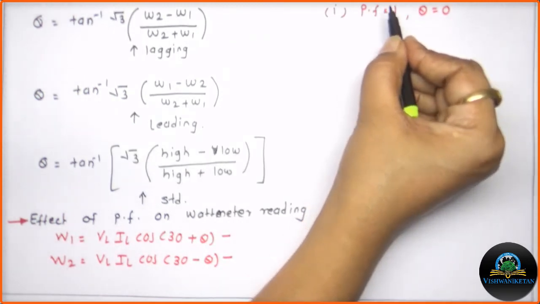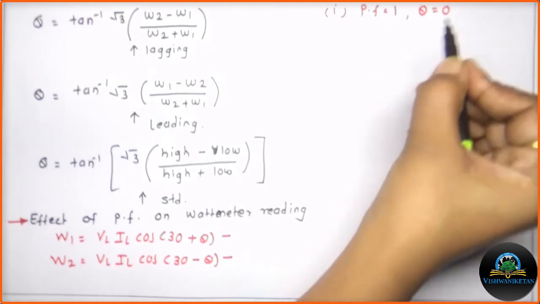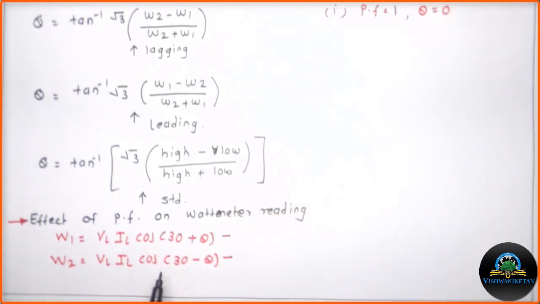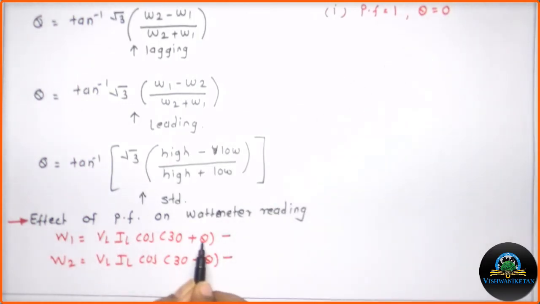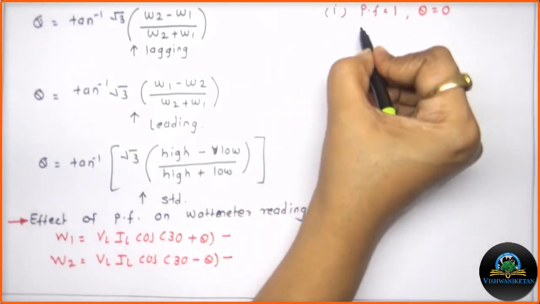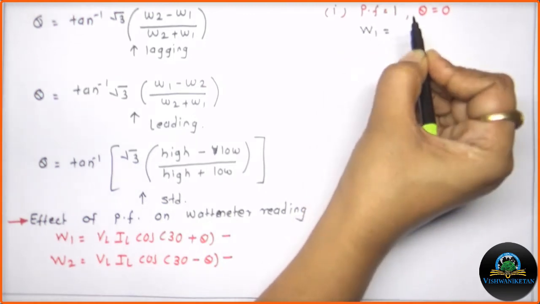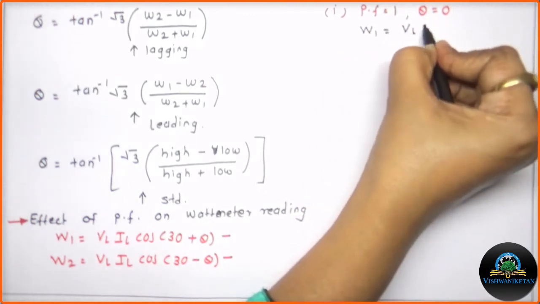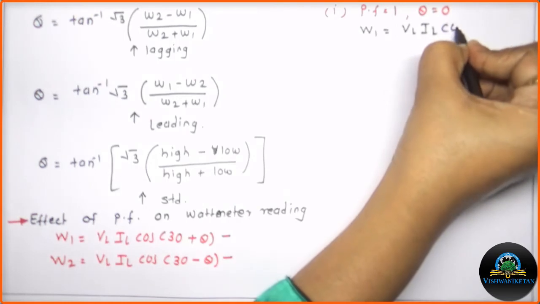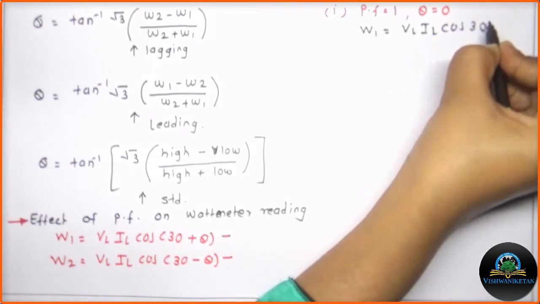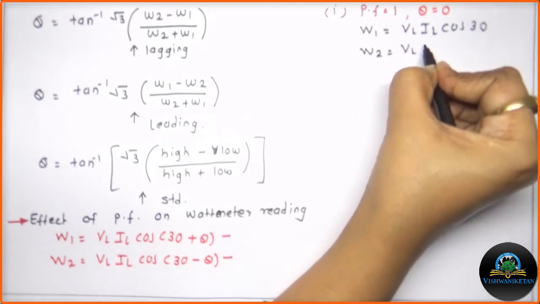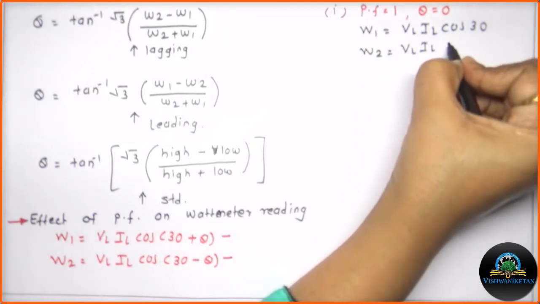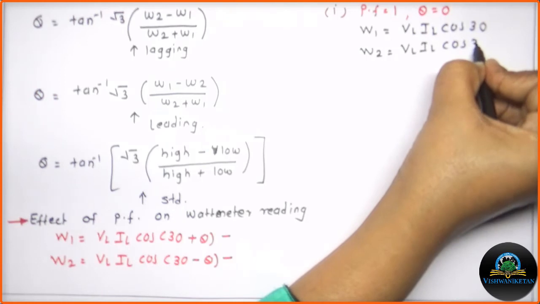So if I substitute 0 in these two equations, my W1 will be VL IL cos 30 and W2 will be VL IL cos 30.